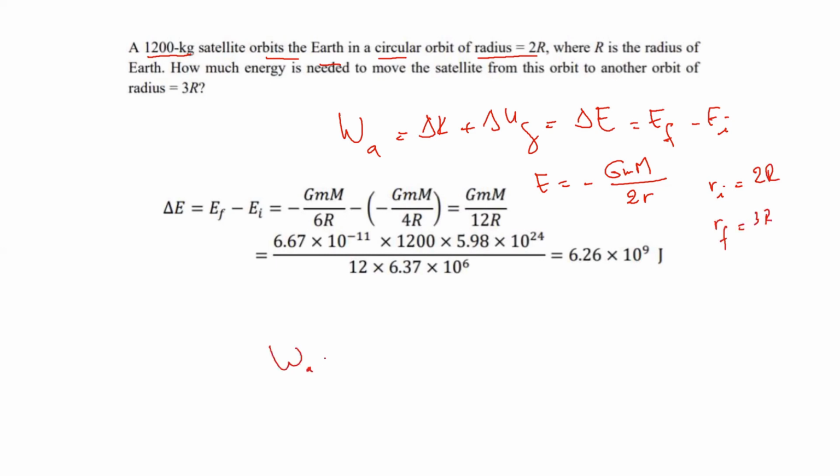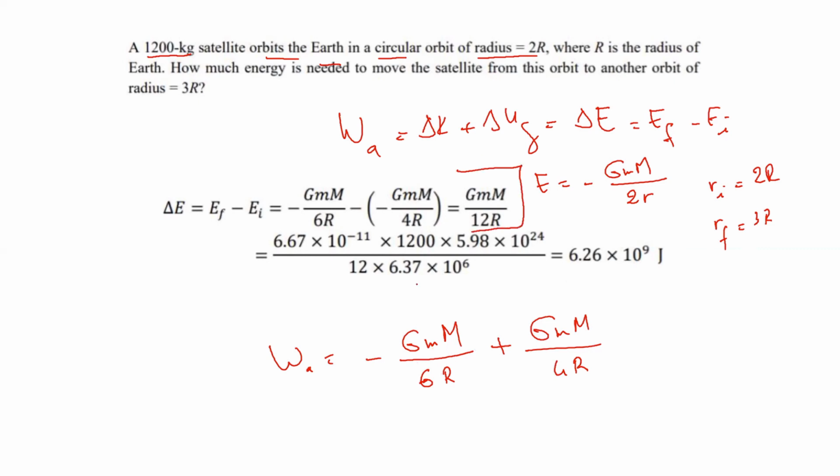So work applied is mechanical energy final minus mechanical energy initial. So it will be minus GMm divided by 2R final, which is 6R. Be careful, my 6 looks like a G, but it's a 6. Plus GMm divided by 2R initial, and 2R initial is equal to 4R. And then you calculate it, it will give you this.